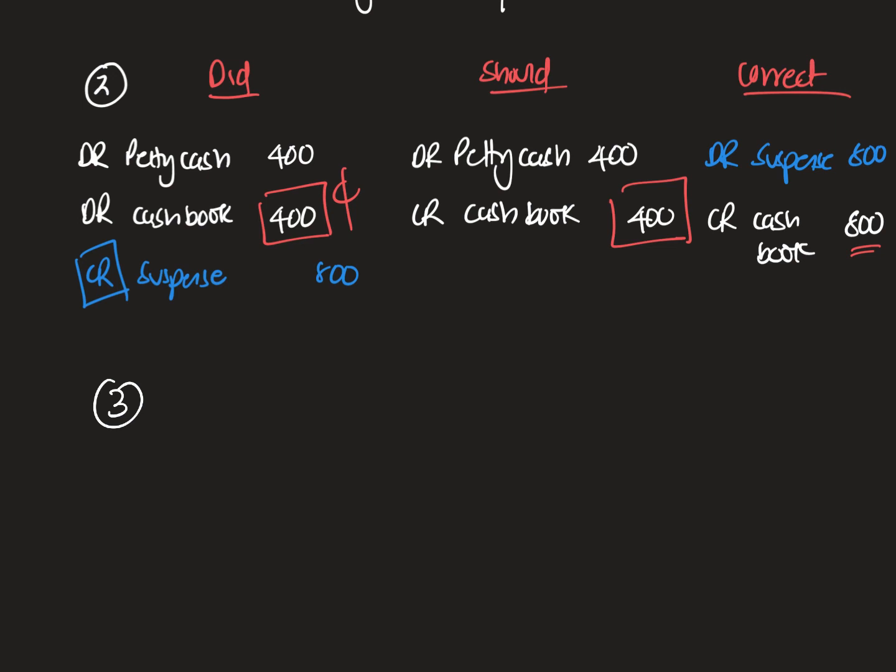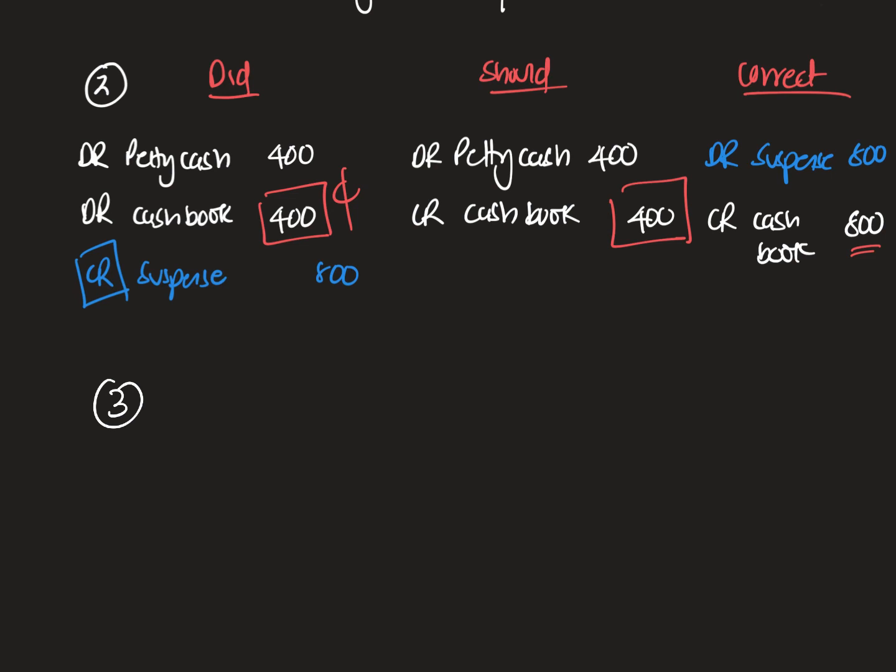Now, the posting for the receipt is posted correctly, but it's just when they casted it down, they didn't add it up correctly. Now, the way that we can interpret this is to imagine a receipt of $150 and think of it as saying they posted the income side correctly, but they just didn't post the cash within the cash receipts correctly. So let's imagine this transaction. What did they do?